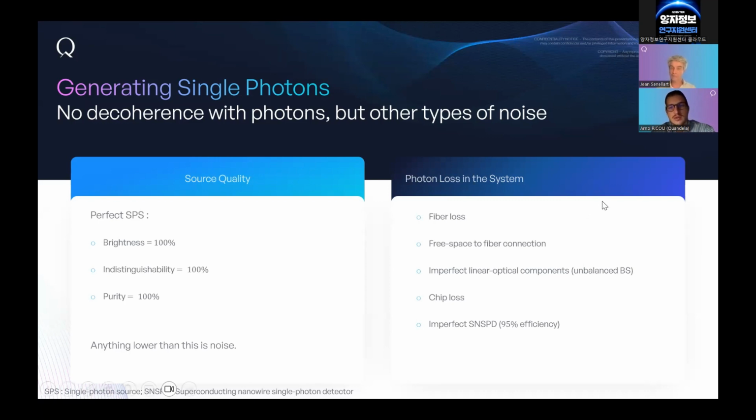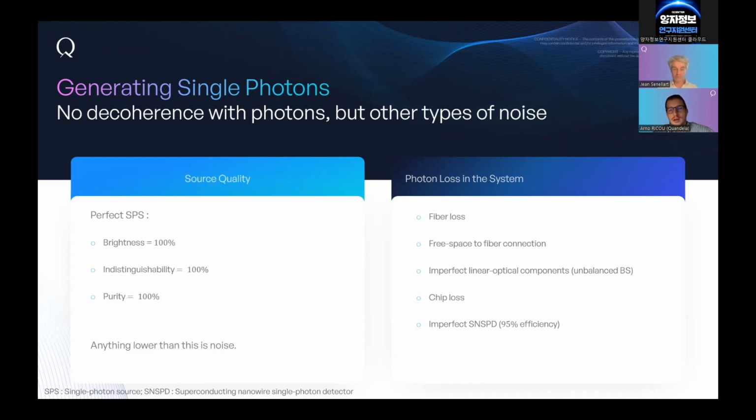But the main source of noise is photon loss. We have loss in the fiber, so photons get absorbed by the fiber. You also have loss whenever you're in free space and you try to focus the stream of light into a fiber. This makes it really impossible to have 100% accuracy, so we have some loss here.